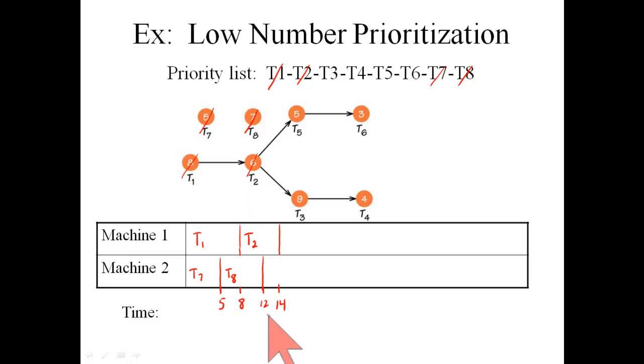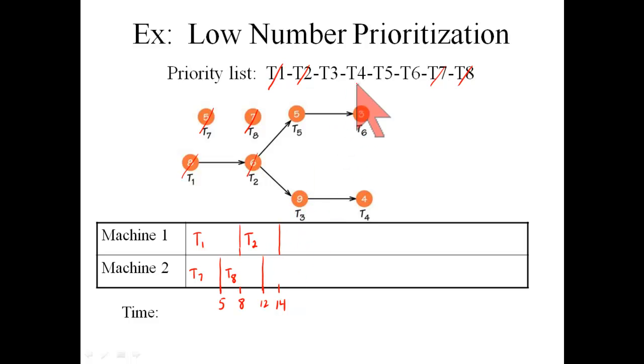Let's keep going. I go back to time 12 because machine 2 has now finished task 8 and is ready for another job. And I look at the priority list and say, okay, task 3 is next highest priority. Is it ready to be done yet? No. Machine 1 is still working on task 2, which is a prerequisite for task 3.